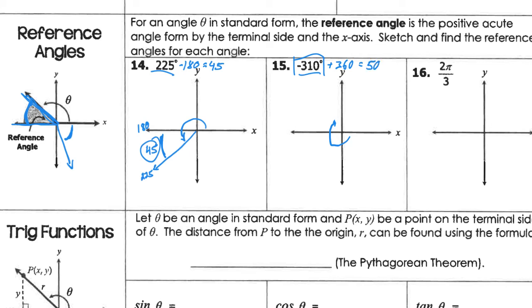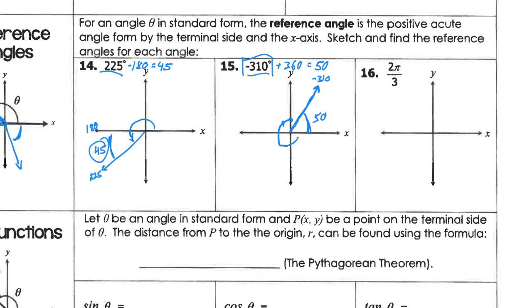So I'm 50 degrees shy of going a full circle. So that's somewhere in there. It doesn't have to be perfect. So that's the negative 310 degree angle. So the reference angle would be right here. It's going to be 50. So how much less than a full rotation is that? It's going to give you a reference angle.